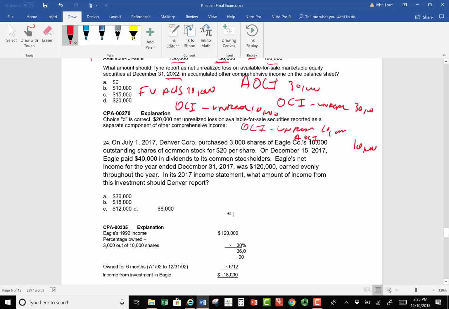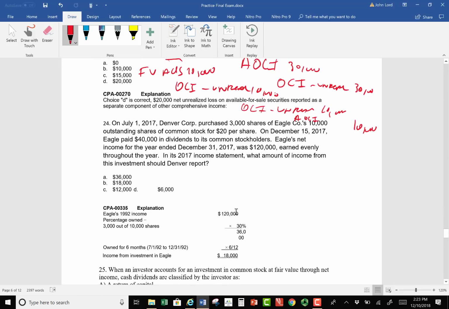Okay, good. Number 24. They purchased 3,000 shares of Eagle Company's 10,000 outstanding shares. Stop. Am I using the fair value through net income method or the equity method? Equity method, because we're well past the 20%.